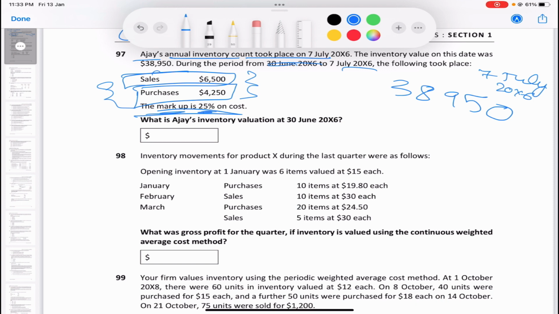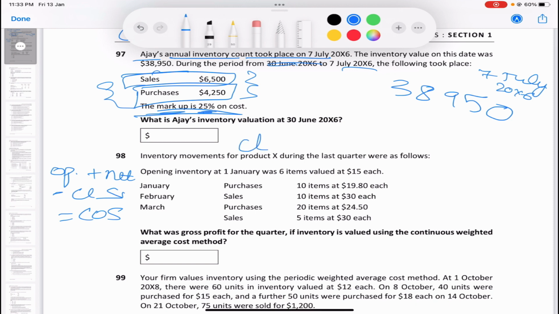So opening stock plus purchases minus closing stock, what will that give you? Cost of sales, right? Sorry, opening stock plus net purchases minus closing stock will give me cost of sales. Now tell me, what was the formula for closing stock?